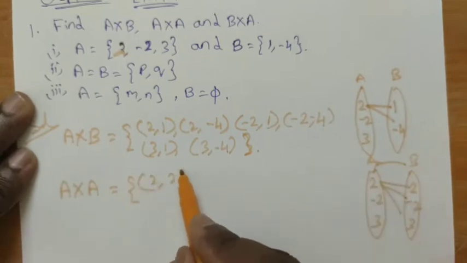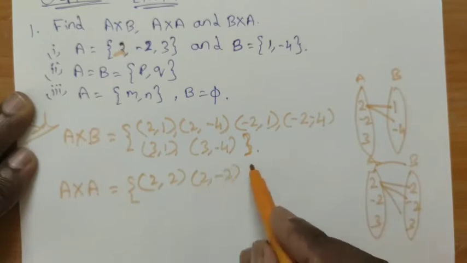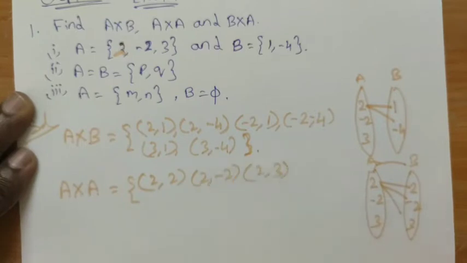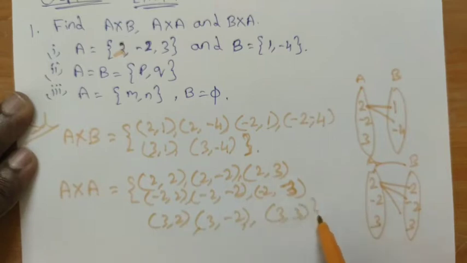So 2 comma 2, 2 comma minus 2 and 2 comma 3, and then minus 2 comma 2, minus 2 comma minus 2 and minus 2 comma 3. The last one is 3 comma 2, 3 comma minus 2 and 3 comma 3. This is A cross A.